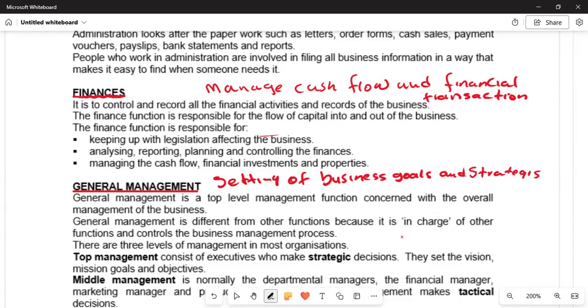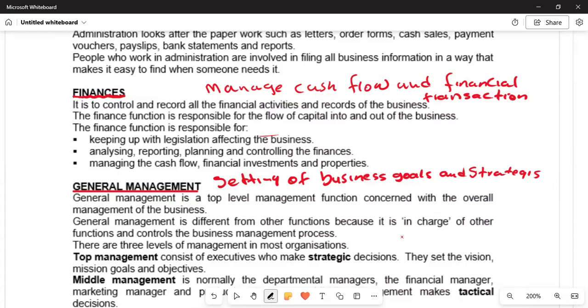He comes up with the long-term plans for the organization. That is the role played by the general management. So now we are told general management is different from other functions because it is in charge of other functions and controls the business management process. That is why I'm saying he thinks for the entire business.